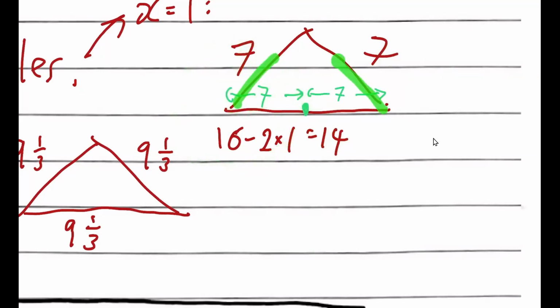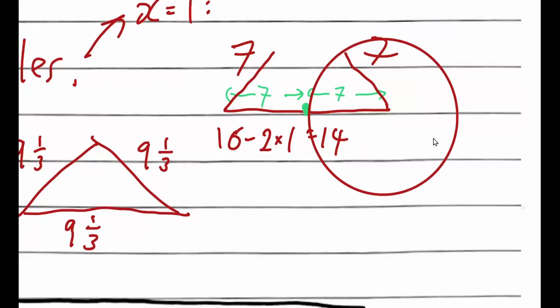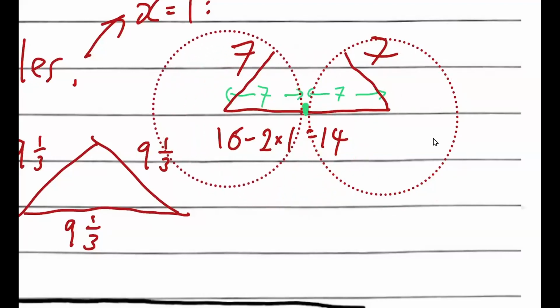No, right? So that means this diagram is wrong. The 7 actually only reaches until somewhere here. Let me just draw a circle to make it more convincing. And the other side as well. Clearly, you can tell by now that this triangle cannot exist.